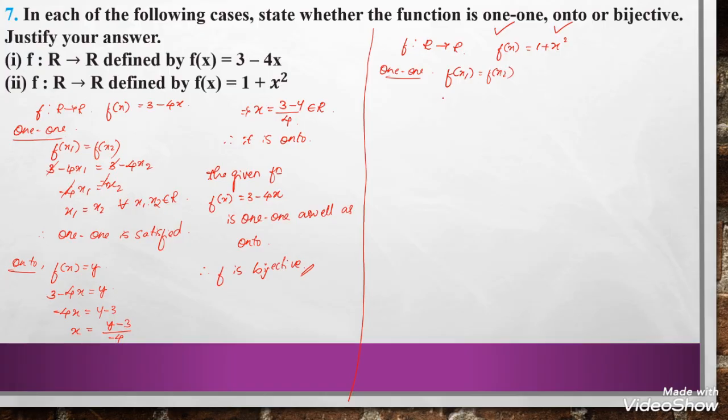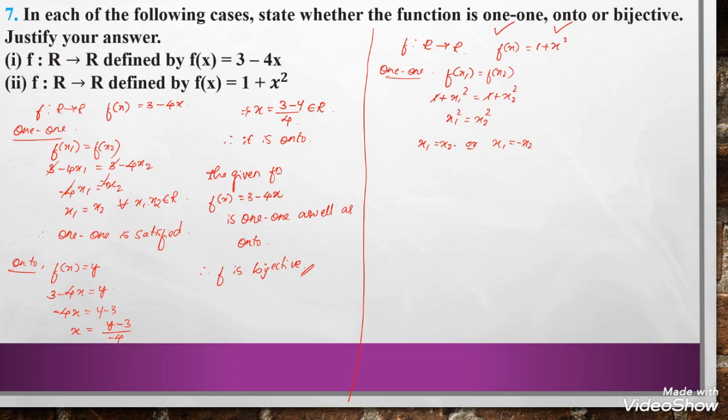What is f of x1? 1 plus x1 square, and here 1 plus x2 square. So 1 gets cancelled. x1 square is equal to x2 square. So x1 is equal to plus x2, or else x1 is equal to minus x2.